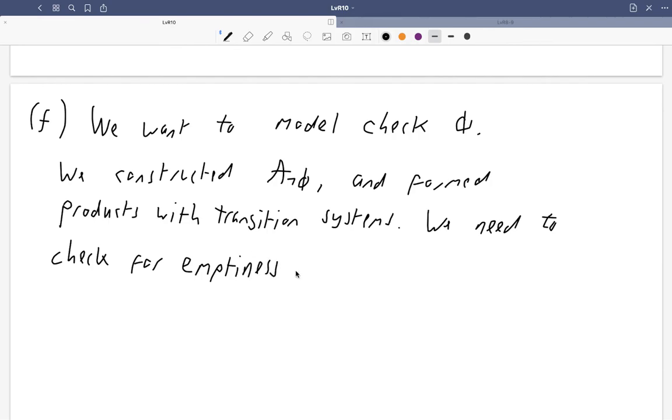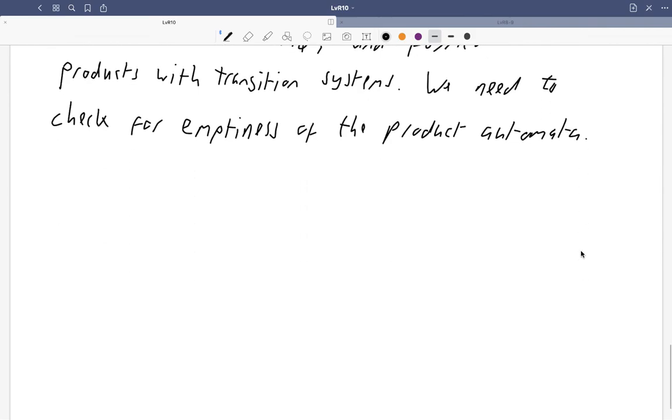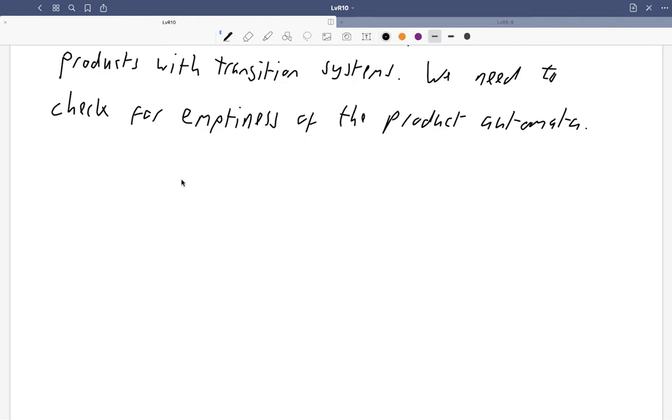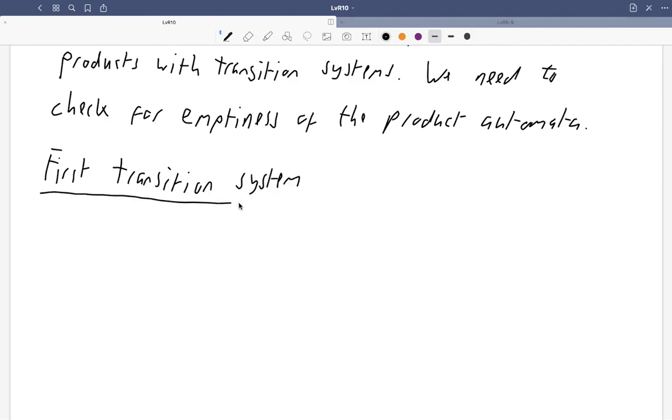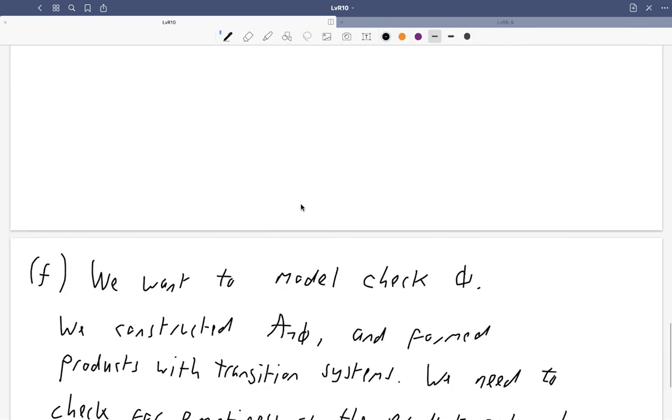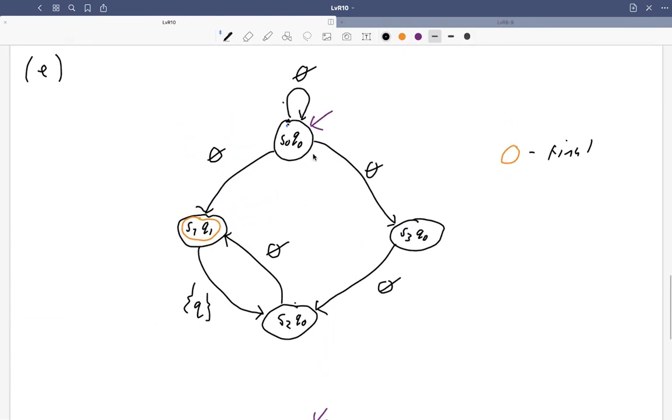The emptiness of the product automata. So we'll do the first case of the first transition system first. The first transition system is here.